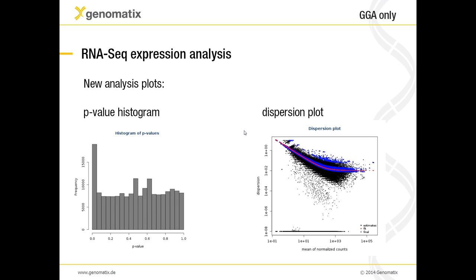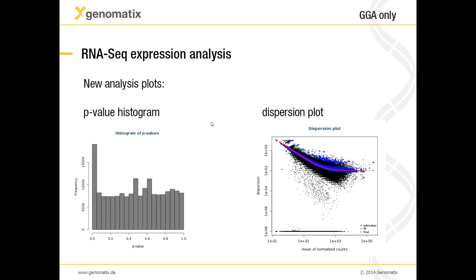The other new plot that is available is the dispersion plot. The dispersion is a measurement of the variability actually between or among the replicates in each group for the expression of a given transcript.